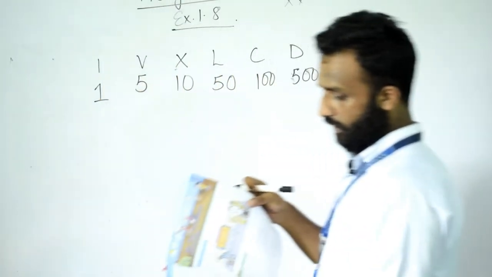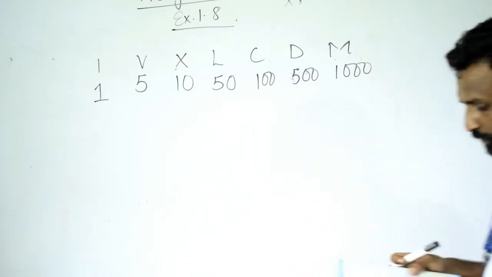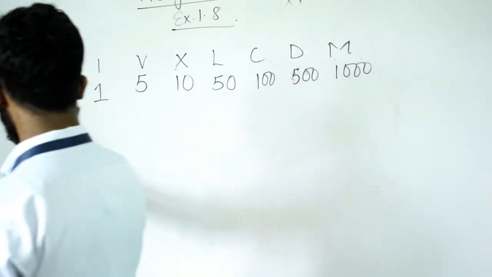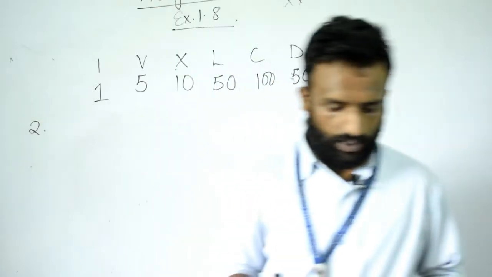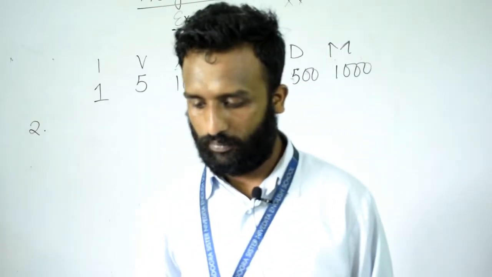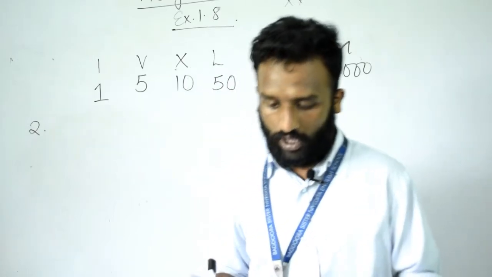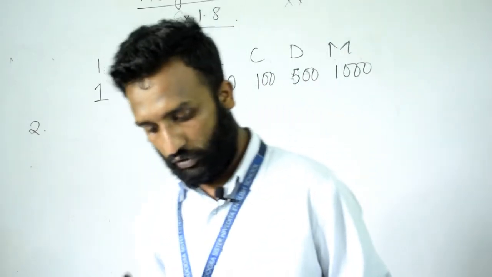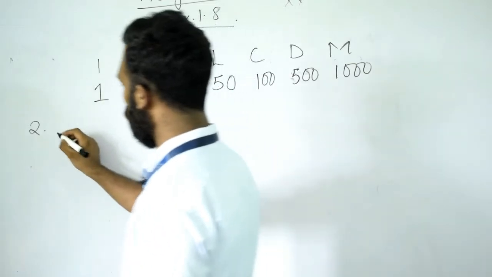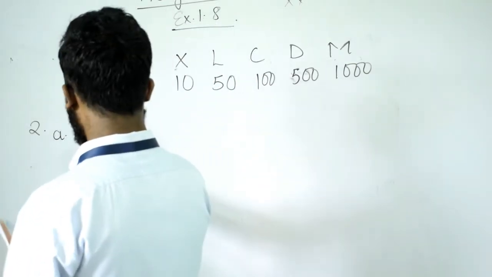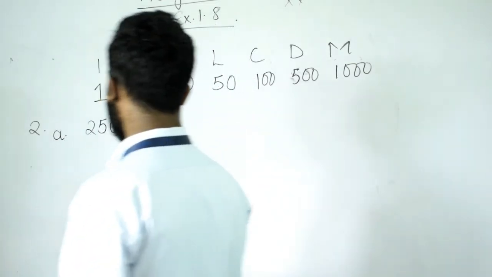Now let's go to question number 2. In question number 2, we have to write each of the following Hindu-Arabic numerals in Roman numerals. Here you have to write the Roman numerals for the Hindu-Arabic. So in question 2A I am doing 250.